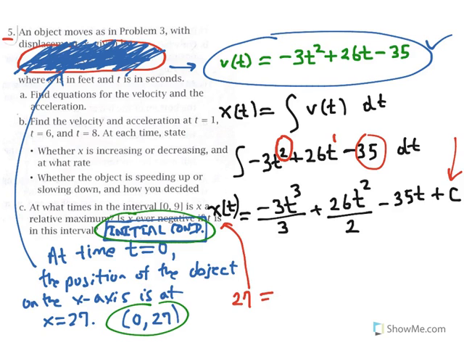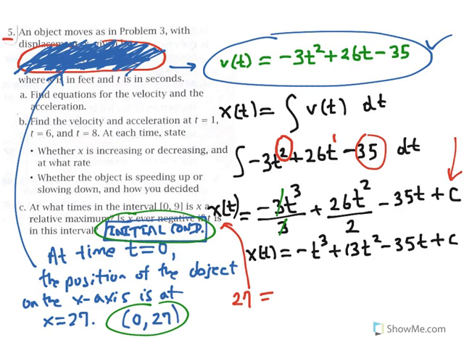So first of all, maybe I want to clean up my answer for x of t a little bit. x of t is equal to, 3 divided by 3 is 1, so I have negative t cubed. 26 divided by 2 is 13, so I have plus 13t squared minus 35t plus c. So I cleaned it up a little bit. And now I will substitute 27 for x and 0 for t.